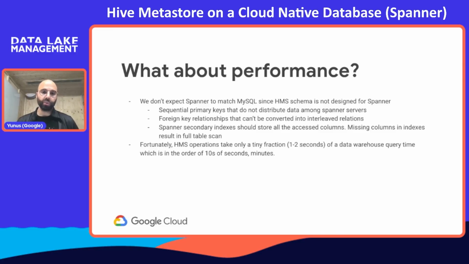And Hive Metastore operations take really a fraction of this, maybe a few seconds, less than a second mostly, which means that lower Spanner performance does not mean that the overall effect is noticeable. So this is really a good consideration for you if you are thinking about moving MySQL to Spanner. You should think about, should I change all the schema, make really drastic changes to go to Spanner, or am I fine with just a little bit of performance degradation?